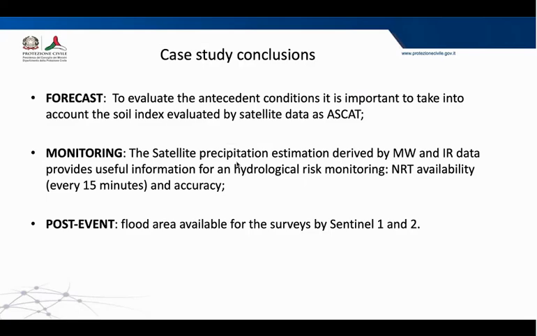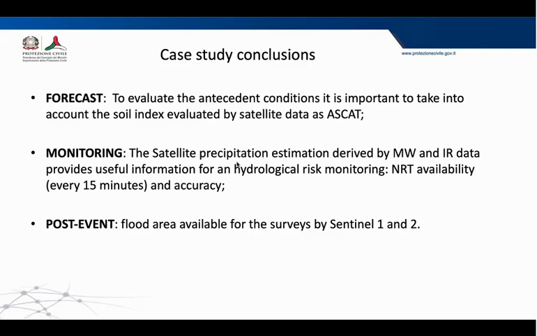Monitoring the satellite precipitation estimation derived from microwave and infrared data provides useful information for hydrological risk monitoring at the local level, and this is very important for us.